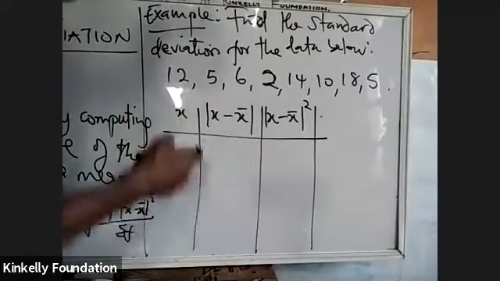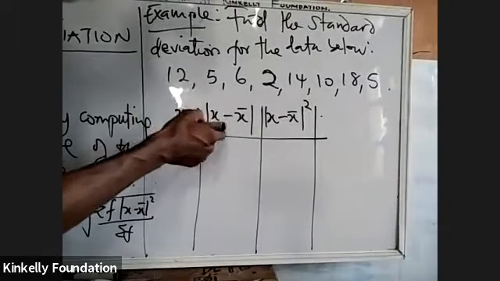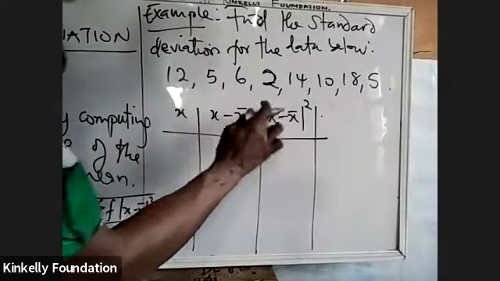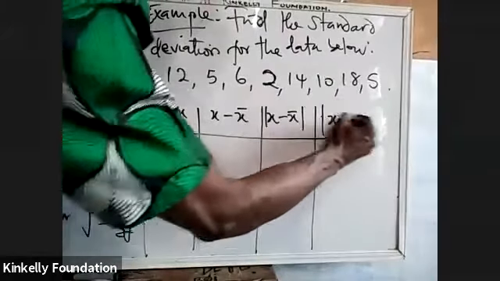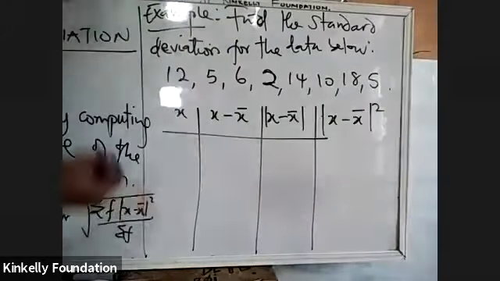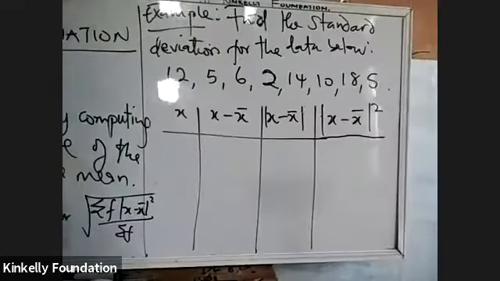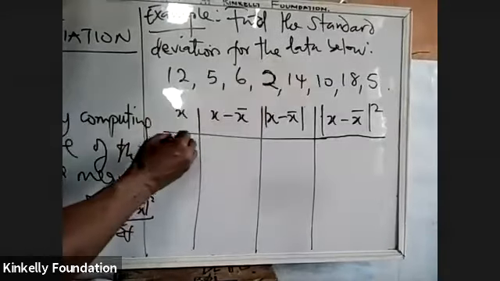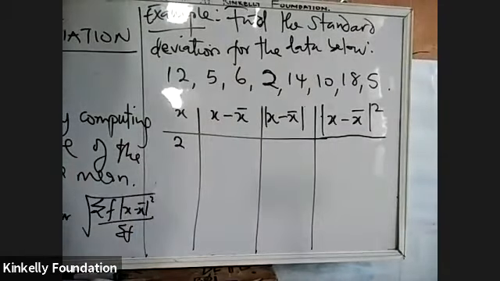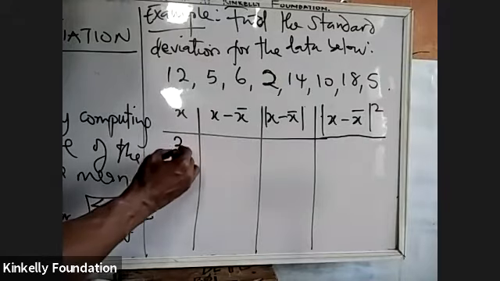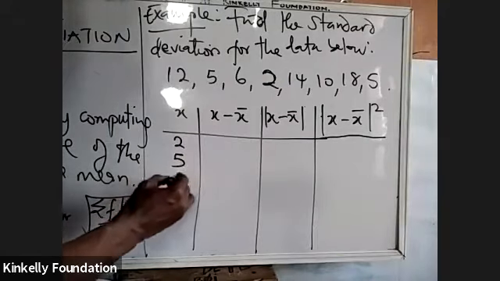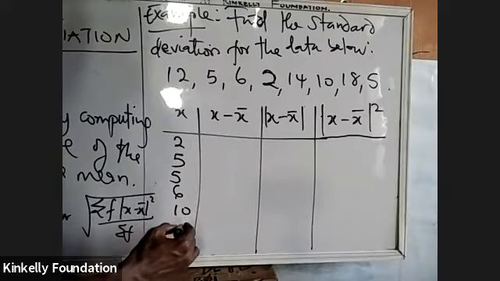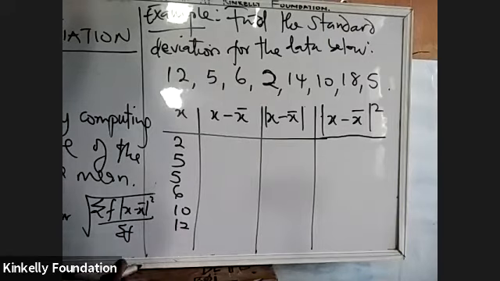We are talking about data without frequency, so let's have it this way. Starting from the list: 2, 5, 5, you can write the 5 twice, as the case may be. 2, 5, 5, 5, 6, 10, 12, 14, 18.